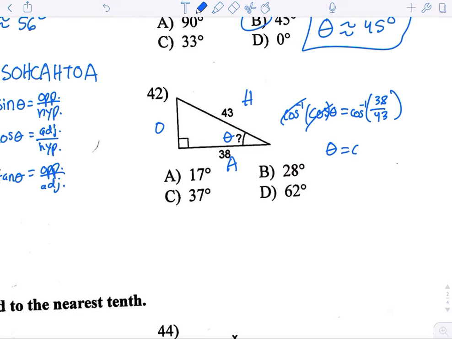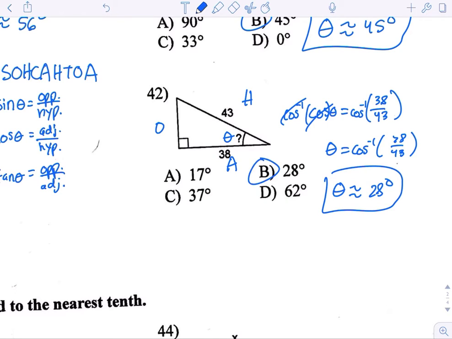So theta is equal to cosine inverse of 38 over 43. Put that in your calculator and round it to the nearest whole degree, and it should be 28 degrees, B.